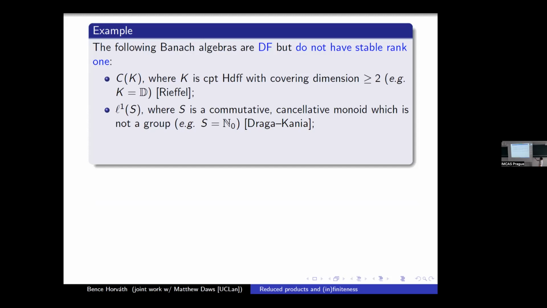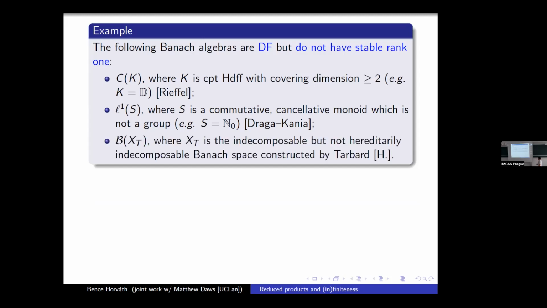Now also L1 Banach algebras over commutative cancellative monoids, which are not groups, will also have this property that they are Dedekind finite but do not have stable rank 1. It's a result of Tomasz Kania and Szymon Draga. And something that was my own work, you can also have examples among algebras of operators on Banach spaces.